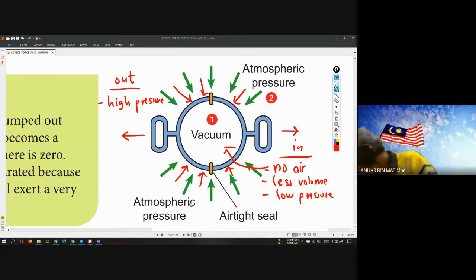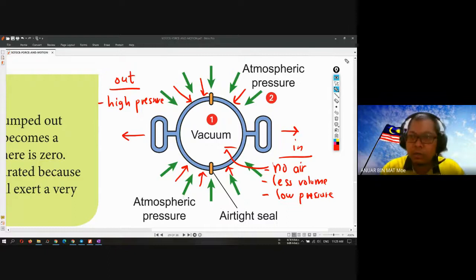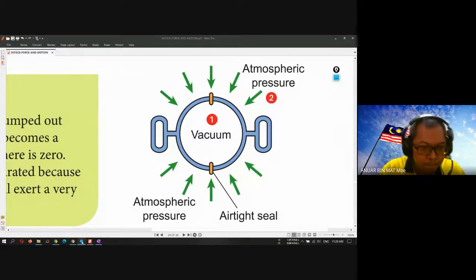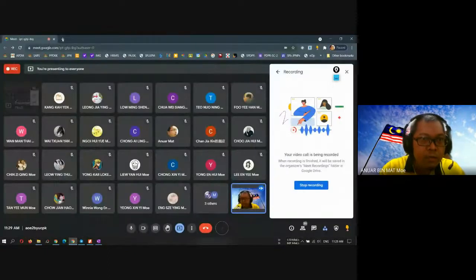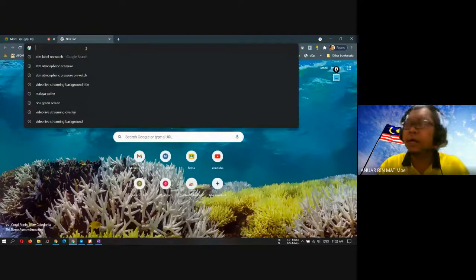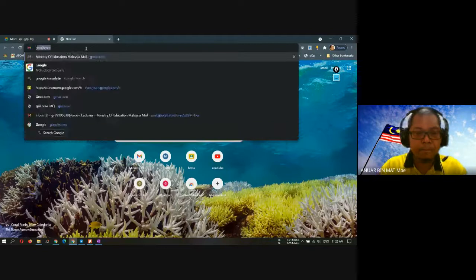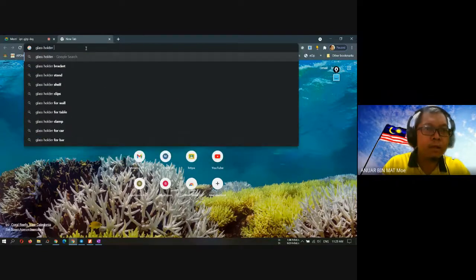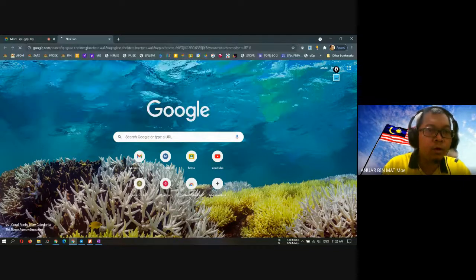Got this or no? Okay, same with this. I will try to show you the picture. We call it what? Glass holder, bracket, wall.